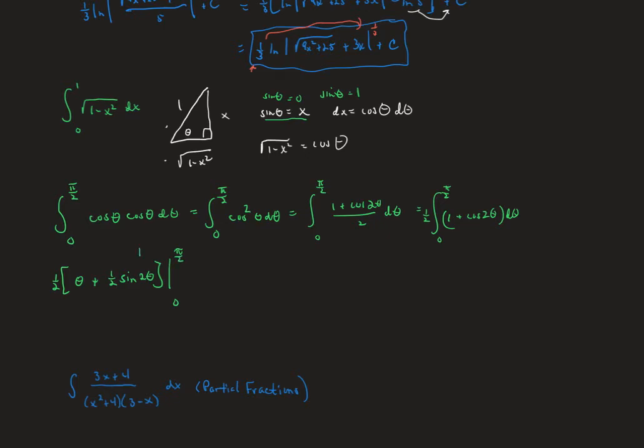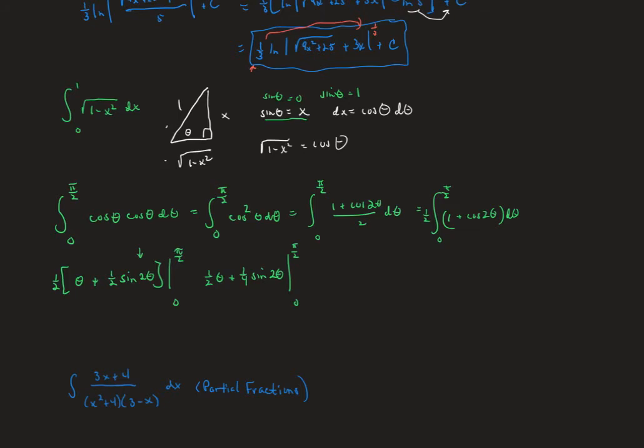Or we have an identity on that one sheet. We could trade in the sine 2 theta for 2 sine theta cosine theta, but I think we can make it work here. So I'm going to call that 1/2 theta plus 1/4 sine of 2 theta, and we're going to go from 0 to pi over 2.